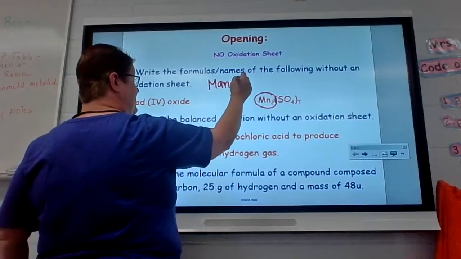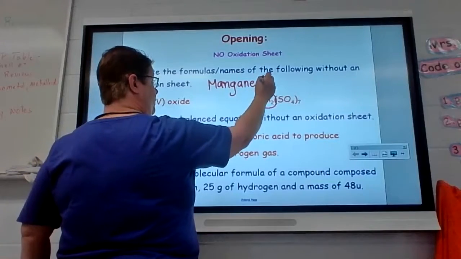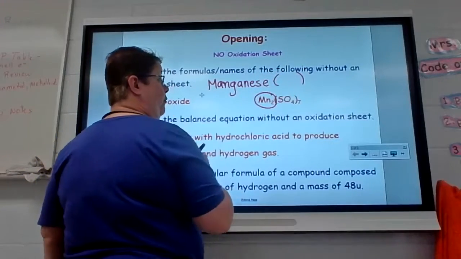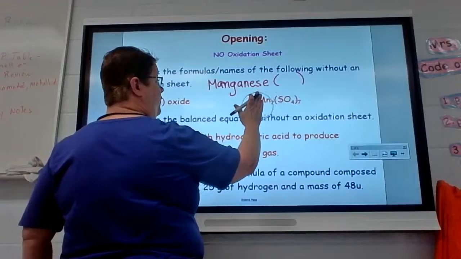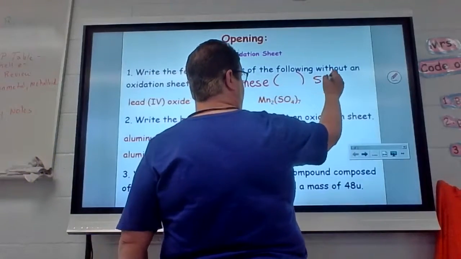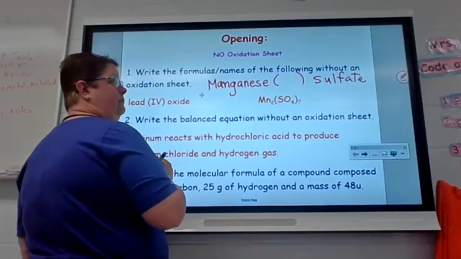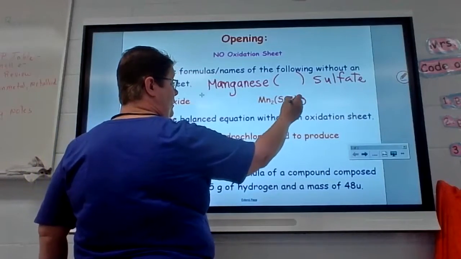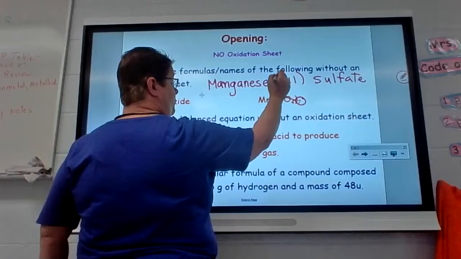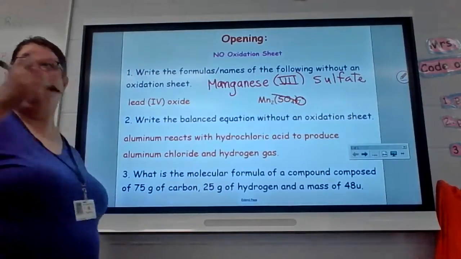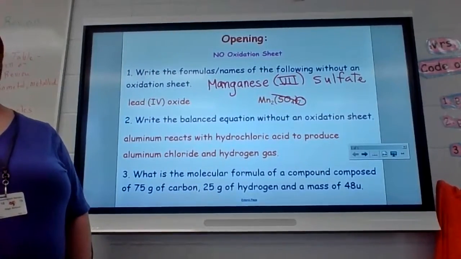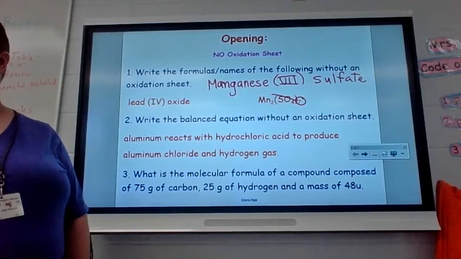So manganese has to have a Roman numeral. And what is SO4? Sulfate. All right. What Roman numeral does it get? 7. That's 7. Came from up there. So if you're in group 1 or group 2, you don't get a Roman numeral.